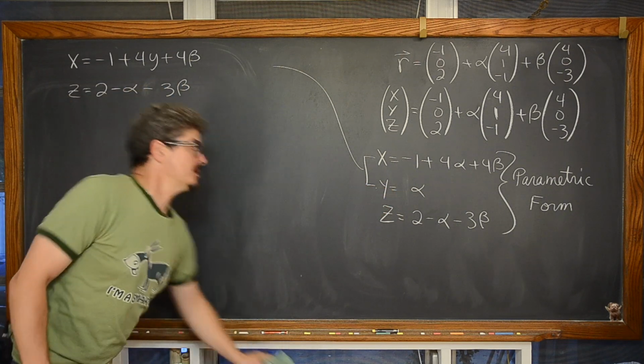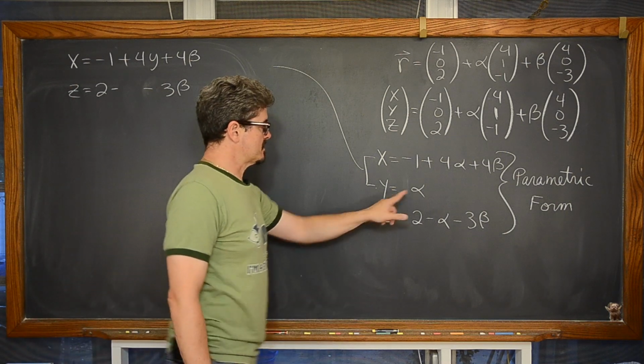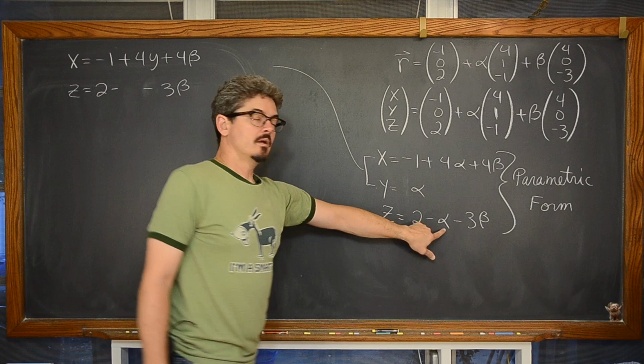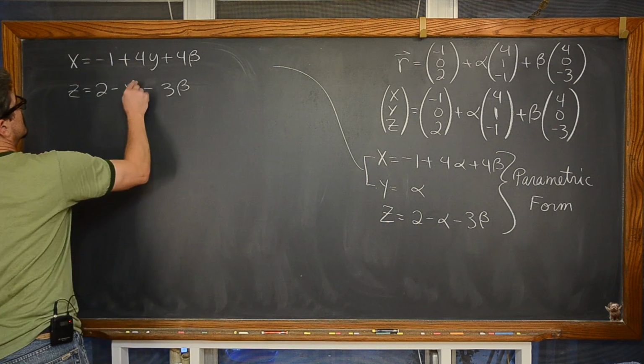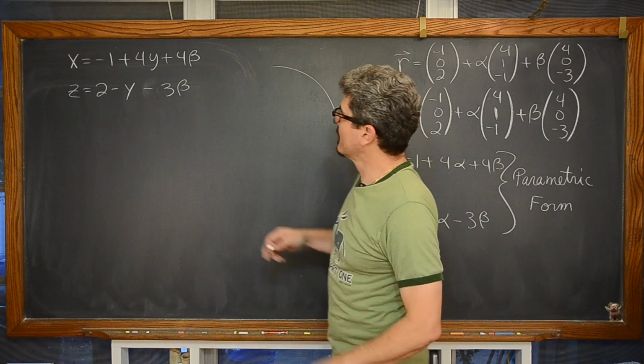That's actually how my notes are written. But I can also say, you know what, we're going to take this alpha equals y, replace alpha here with y, and alpha here with y. And I think this is going to work out a little bit cleaner.